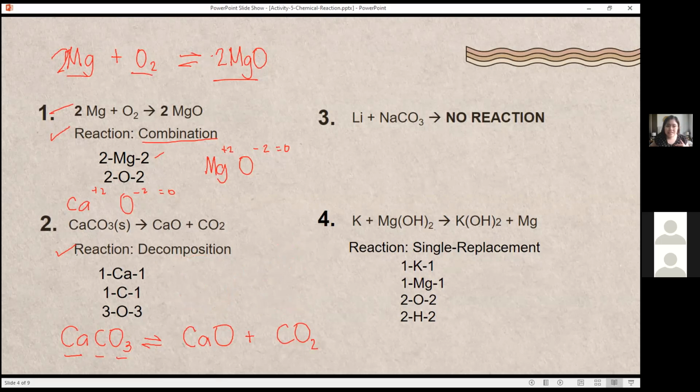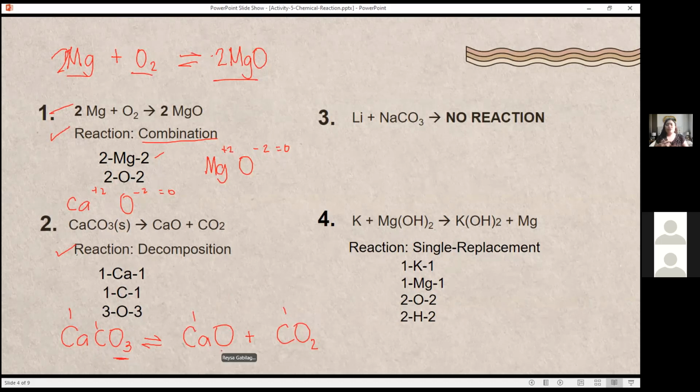And then ang next step na gagawin nyo is you try to balance the equation if it is not balanced. But for this case, this is already balanced because you have 1 calcium here, 1 calcium on the other side, 1 carbon also on both sides, and 3 oxygen. 3 here, and then this one, 2 plus 1 is still 3.